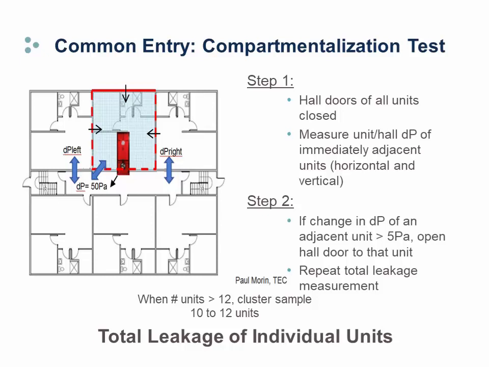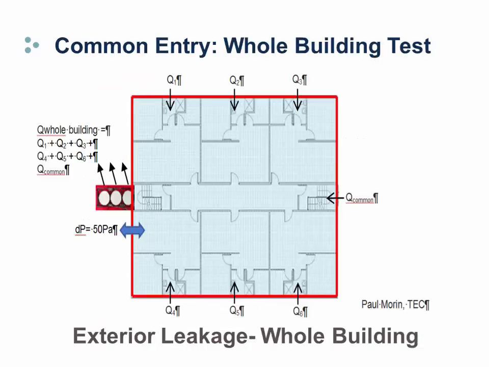So our first step was to perform the compartmentalization test with adjacent unit doors shut and measure the pressure from the adjoining units to the hallway. And if that pressure changed by more than 5 pascals while we were running our compartmentalization test, we would actually open those doors for any units that would change more than 5 pascals and then repeat the test to get a second measurement.